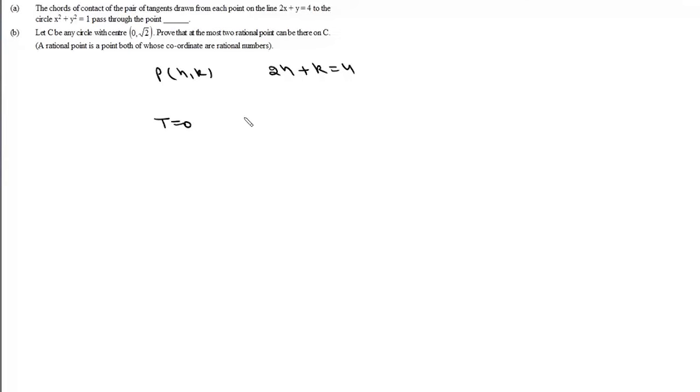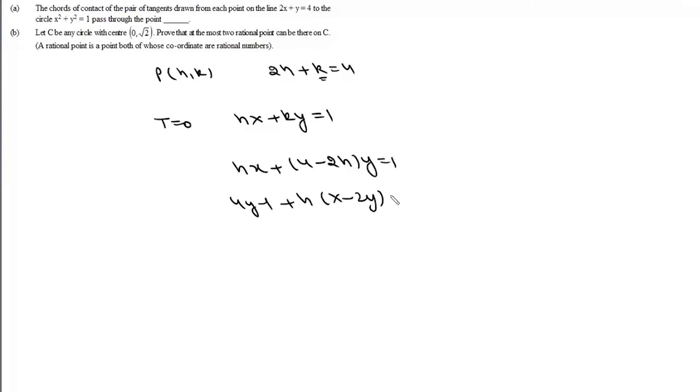So for this circle, it will be hx plus ky equals 1. Now we'll put k as 4 minus 2h. So we'll write this as hx plus (4 minus 2h)y equals 1. Now we can rewrite this as (4y minus 1) plus h(x minus 2y) equals 0, where this h is a parameter.